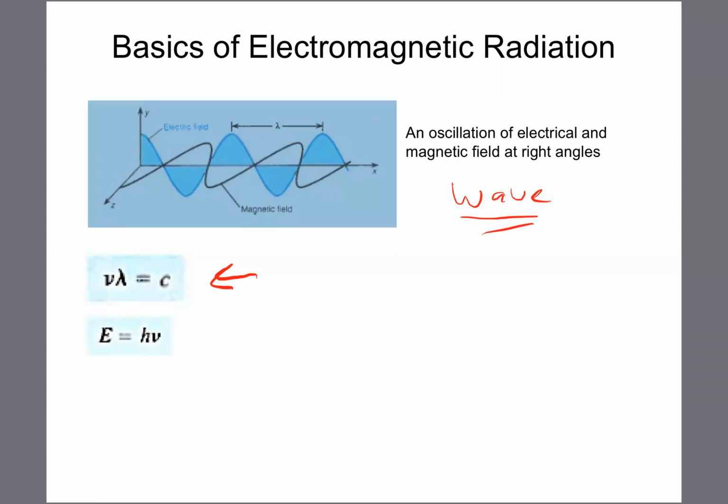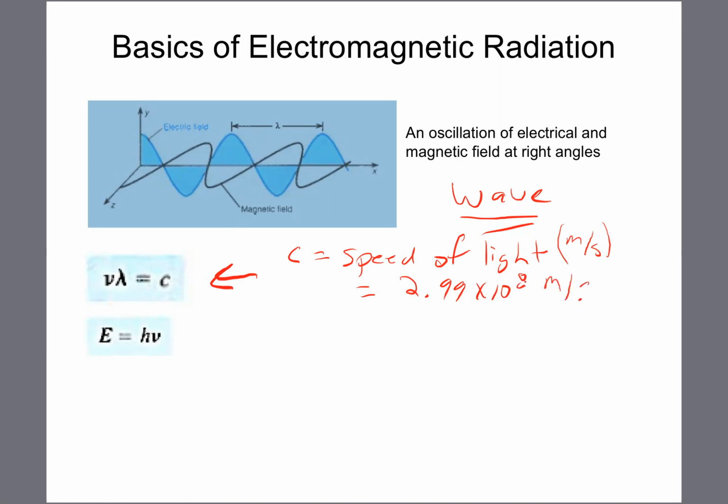This interconverts between c, called the speed of light, usually given in meters per second for scientific purposes, and c is equal to 2.99 × 10^8 meters per second. So quite rapid, the light moves. That's our c, our speed of light, and it's always equal to two numbers multiplied by one another.